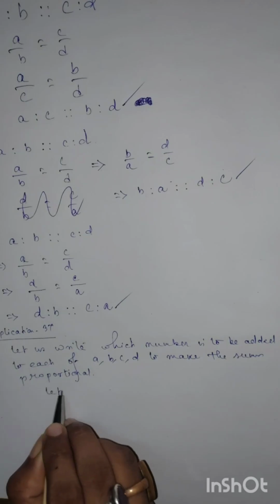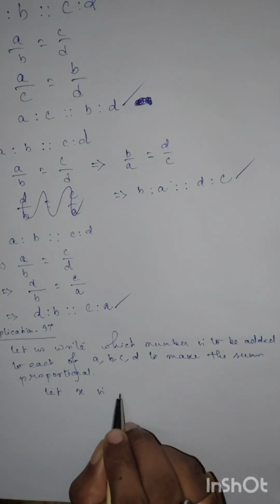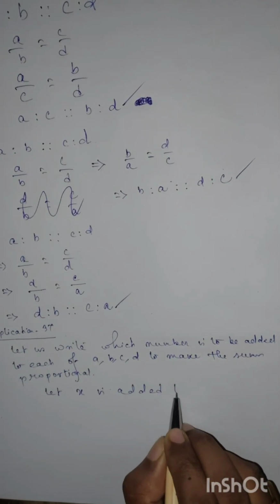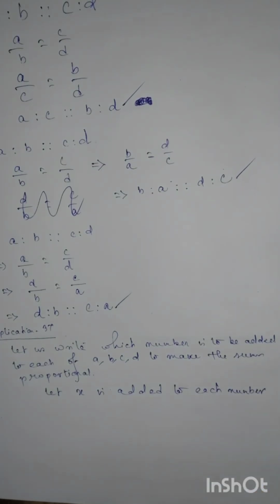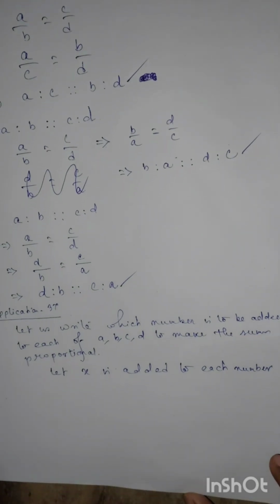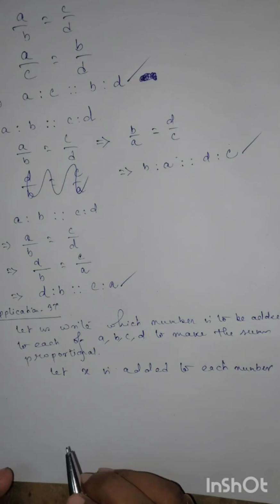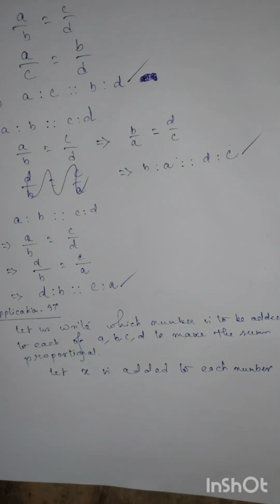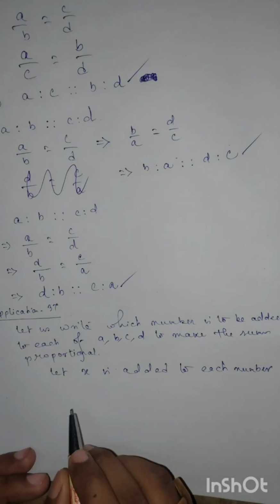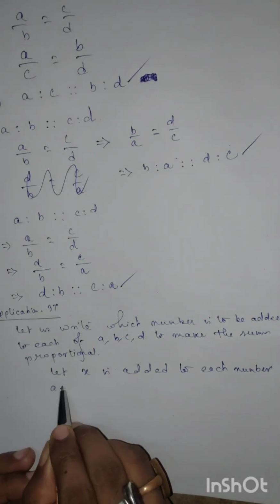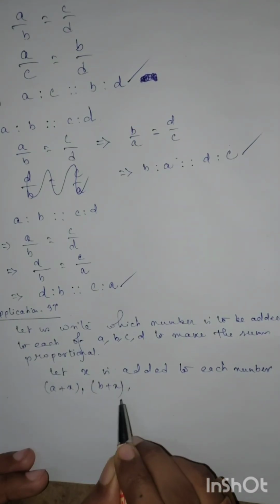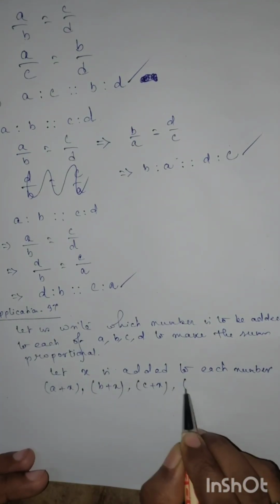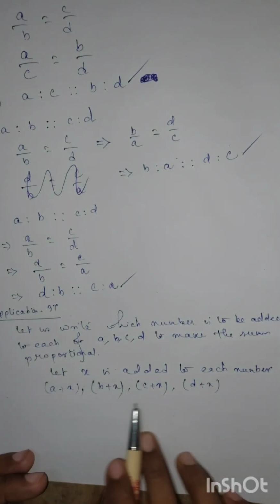Let X be added to each number. So when X is added to each number, the numbers become A plus X, B plus X, C plus X, D plus X. Now these numbers are in proportion.